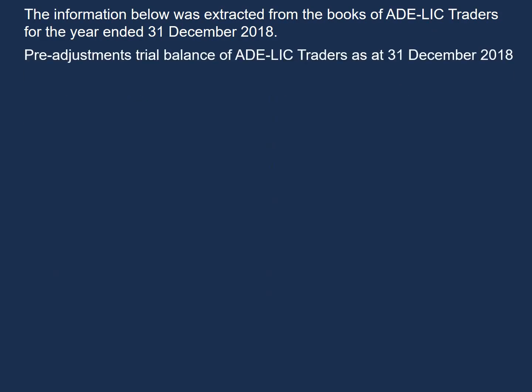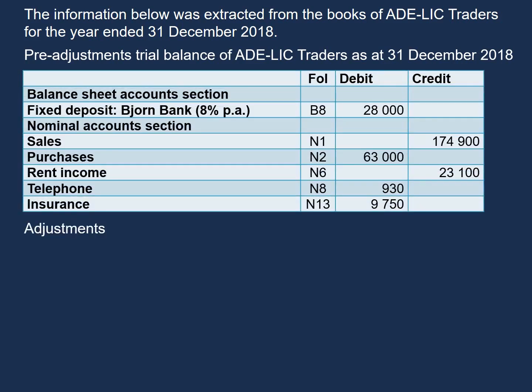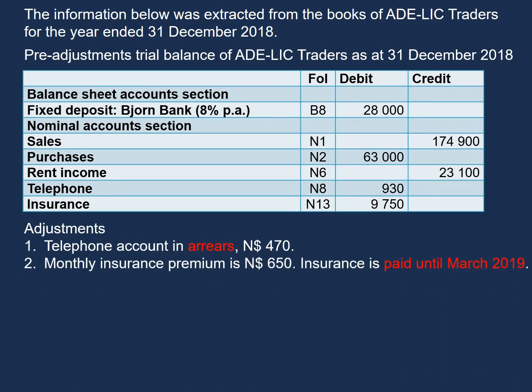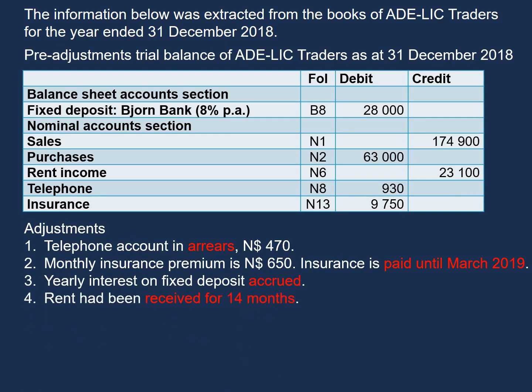Now, the information below was extracted from the books of Adelaide Traders for the year ended 31 December 2018. Let's have a look at the pre-adjustment trial balance for Adelaide Traders as at 31 December 2018. Now, the adjustments are as follows: telephone account in arrears $470, monthly insurance premium is $650, insurance is paid until March 2019, yearly interest on fixed deposit accrued, and rent had been received for 14 months.